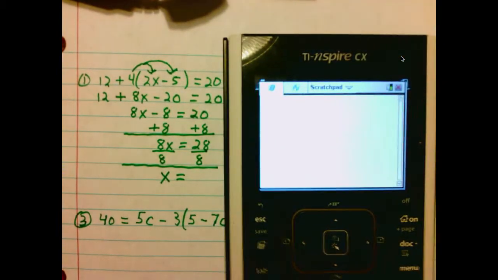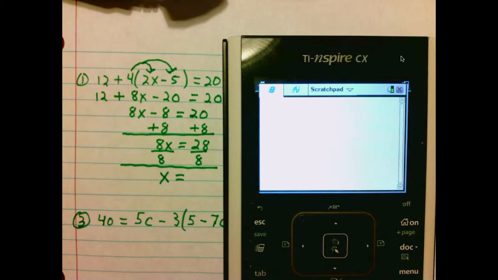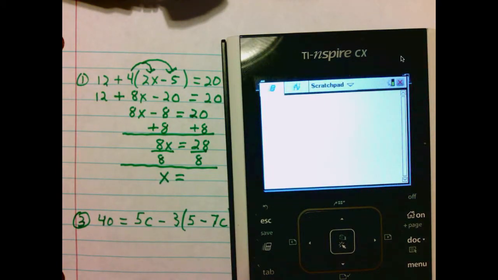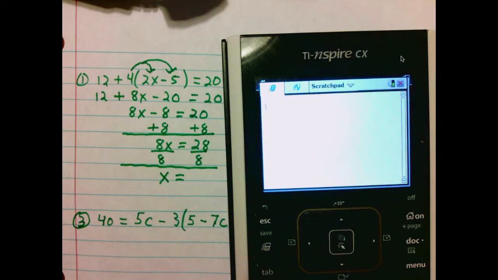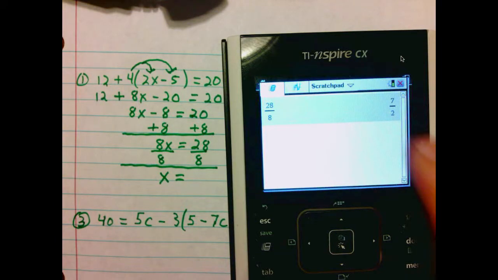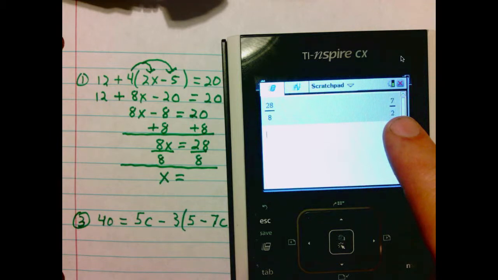Let's hope that I'm able to show this. 28 divide by 8. Enter. Yields 7 over 2. And it will be best in this context to leave it as this improper fraction.